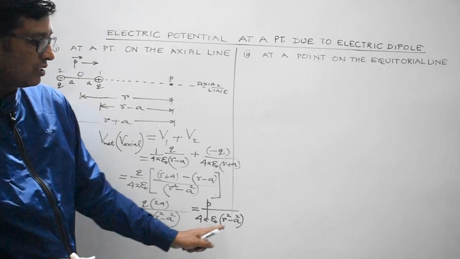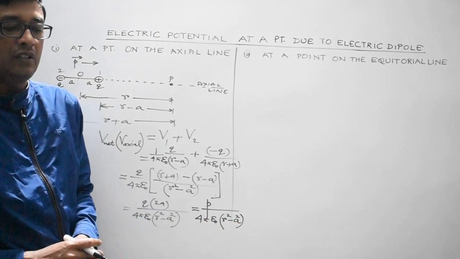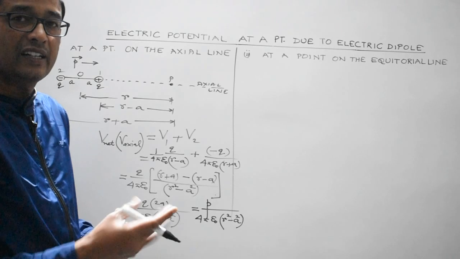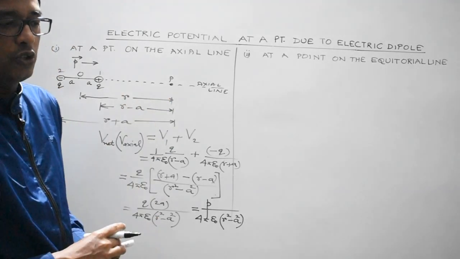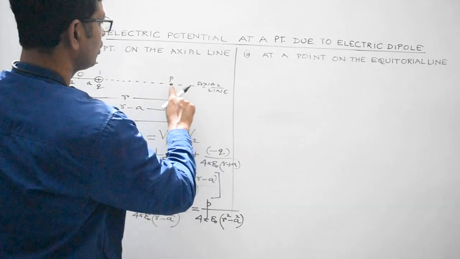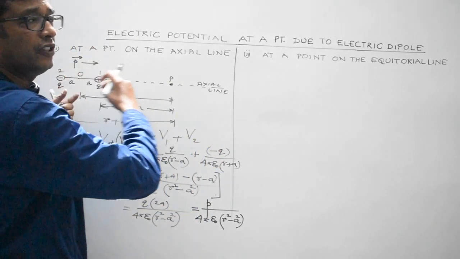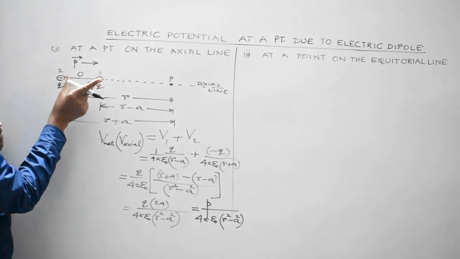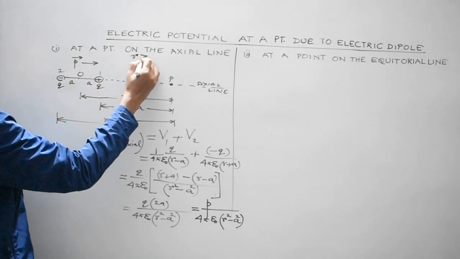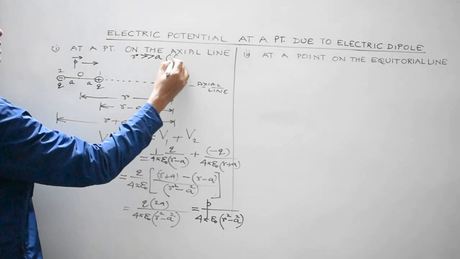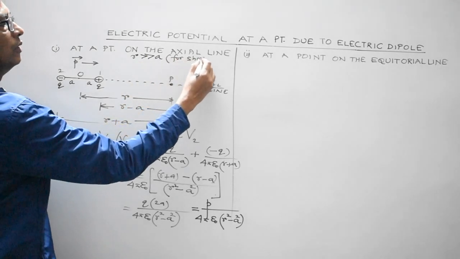Now you can consider special cases as well. Just as in the case of electric field, you considered special cases for a short dipole. Short dipole means the distance of observation from the center of the dipole is very, very large compared to the dimensions of the dipole. In such a scenario, r can be considered very, very large as compared to a.